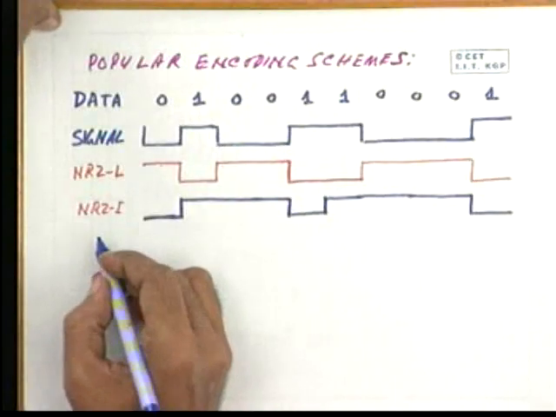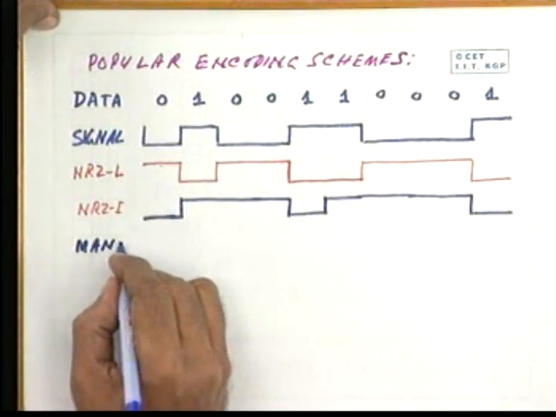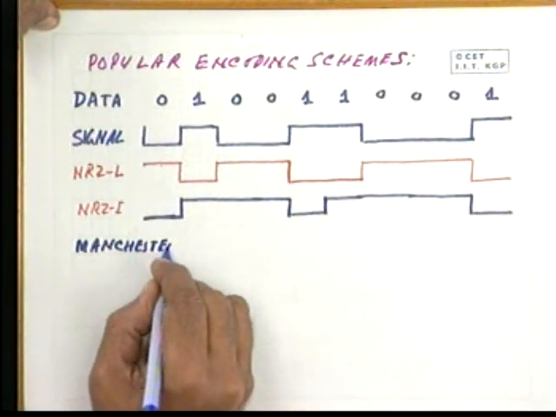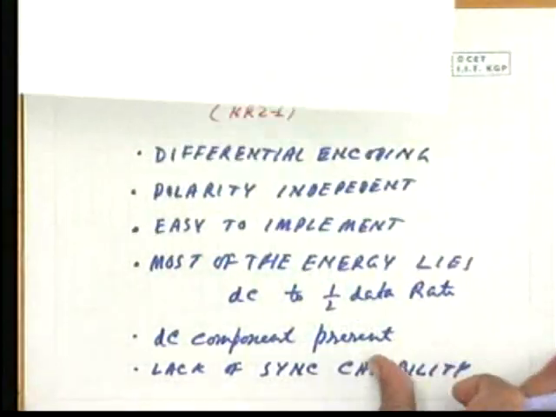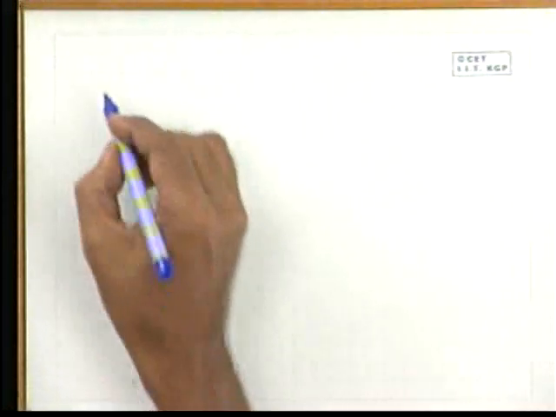Let us now consider another scheme which is known as Manchester. This Manchester encoding is also known as biphase.